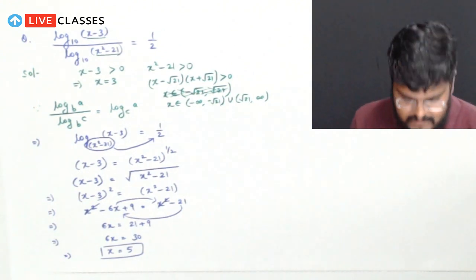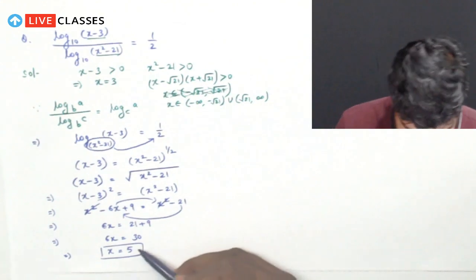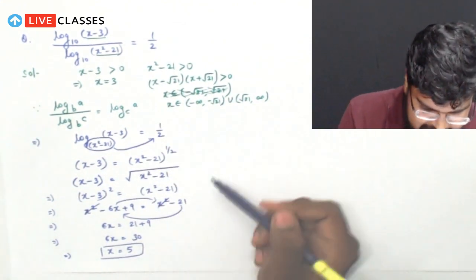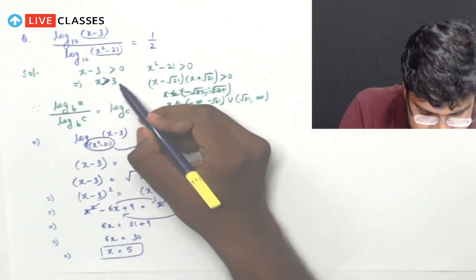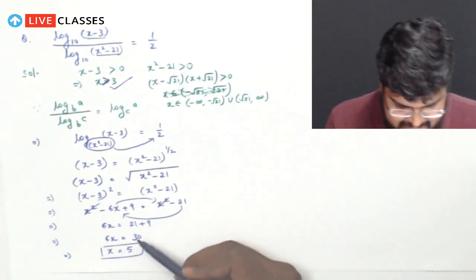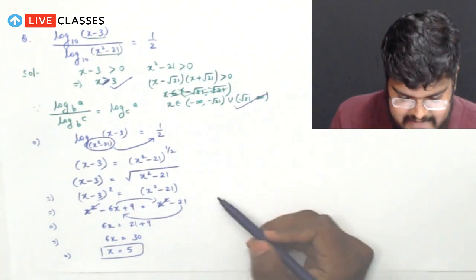In fact, it is the only solution possible, but it's important for us to understand whether this solution follows our other conditions or not. I can clearly see that the value of x has to be greater than 3, so it matches this one. x is equal to 5 is actually equal to square root of 25, which means that it will lie in this interval also.